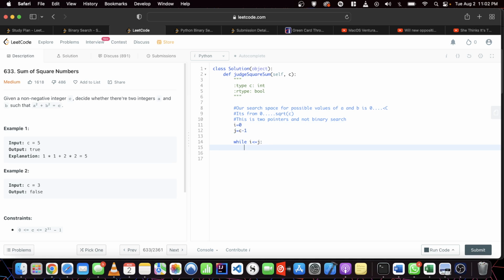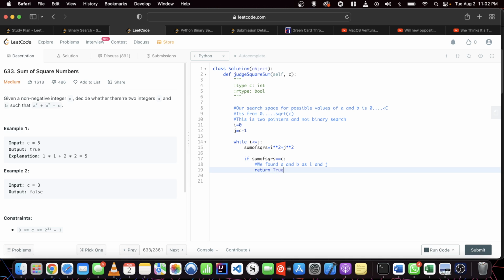The sum of squares is equal to i to the power 2 plus j to the power 2. If the sum of squares is equal to c, then we found it. We found a and b as i and j.